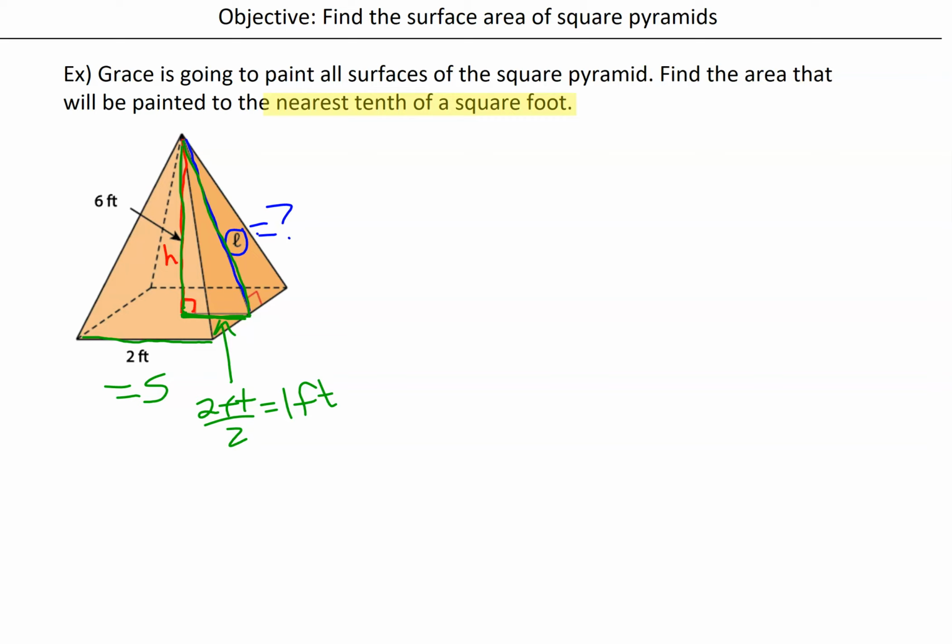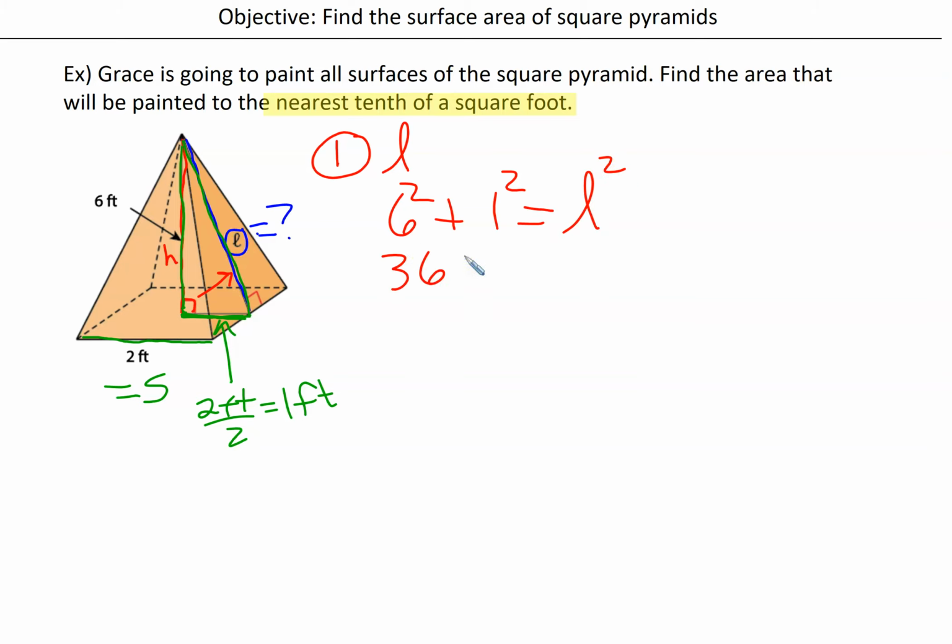So when we go to calculate L, which is our slant height or height of all of our triangles, we'll use our Pythagorean theorem. We have our height of 6 feet squared plus half of S, which will be 1 foot squared, and that will equal our hypotenuse, which is our slant height, L squared.